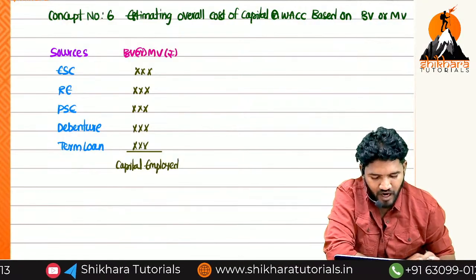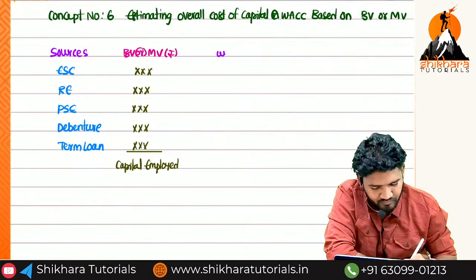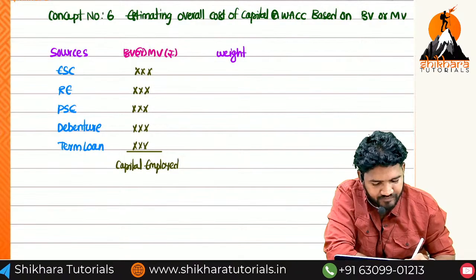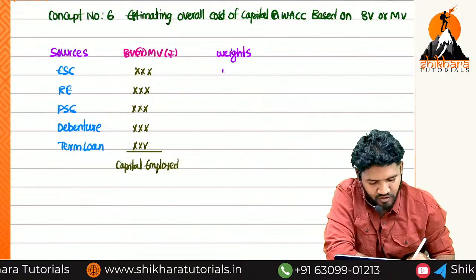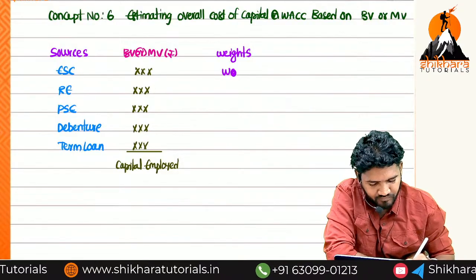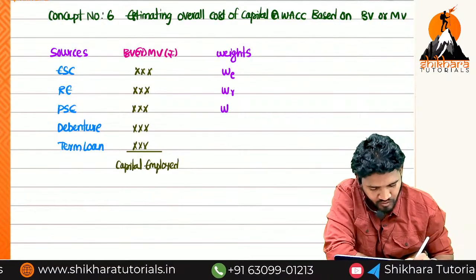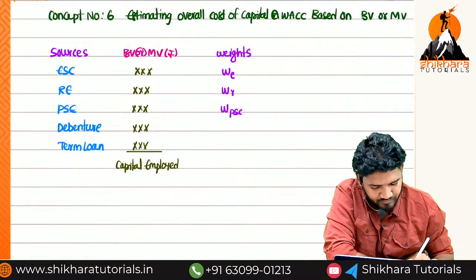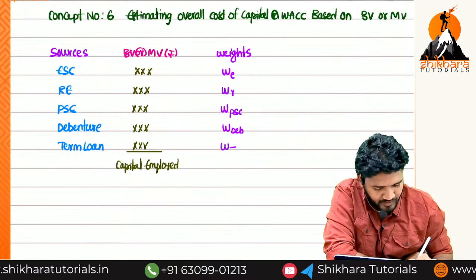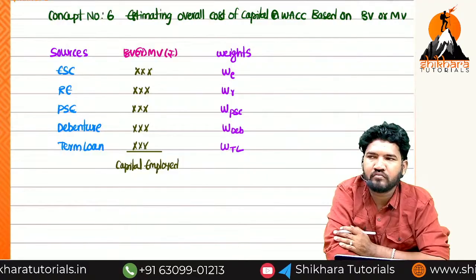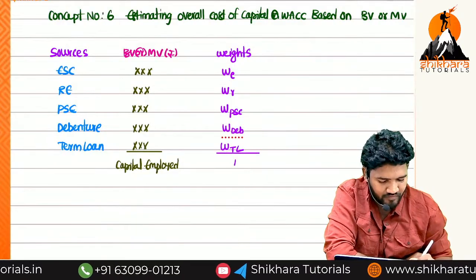Then fine. After this calculation, you have to figure out weights: weight of equity, weight of retained earnings, weight of preference share capital, weight of debenture, weight of term loan. For proof purpose, if you sum all these weights, it will be 1.